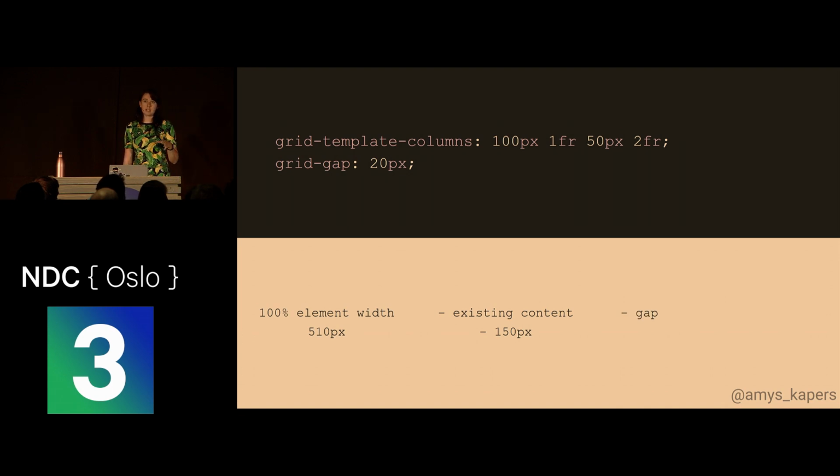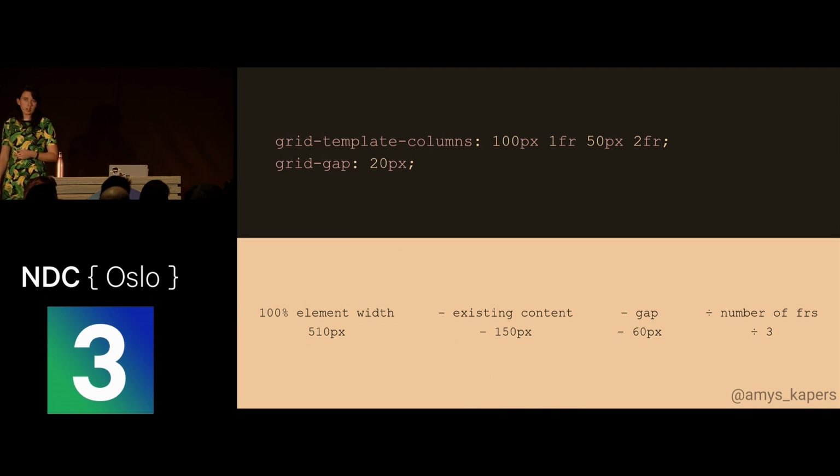This is one of the places where Grid is great because it knows the gap is only between columns, not the same as the number of columns. So we've got a 20 pixel gap between 4 columns, which means the gap is going to equal 60 pixels. Then it takes into account how many FR units are defined in the grid. We've got 1 FR and 2 FR, so it would divide that by 3.